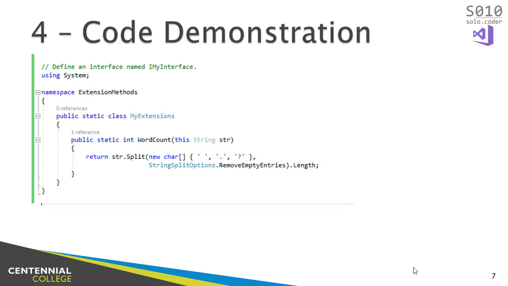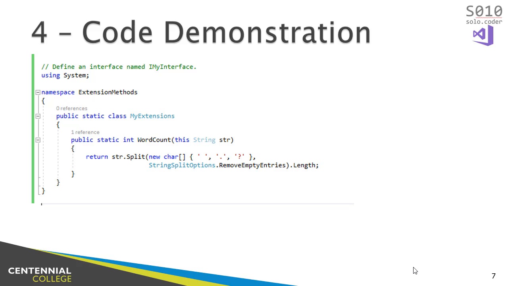Which class? String is the type that comes right after the this keyword. I don't have the code for the string class. We didn't have to open the string class in the inner workings of C#, but with an extension method, we have been able to create a new method for the string class.